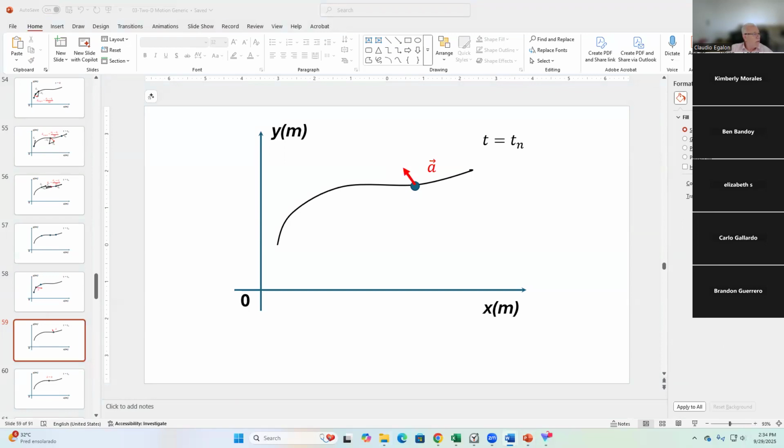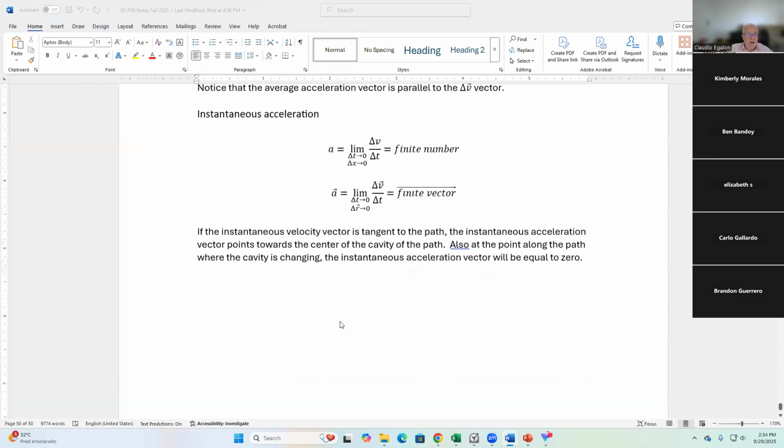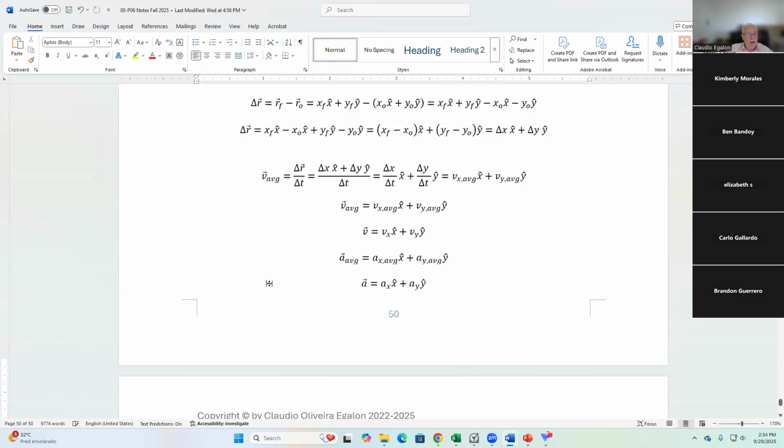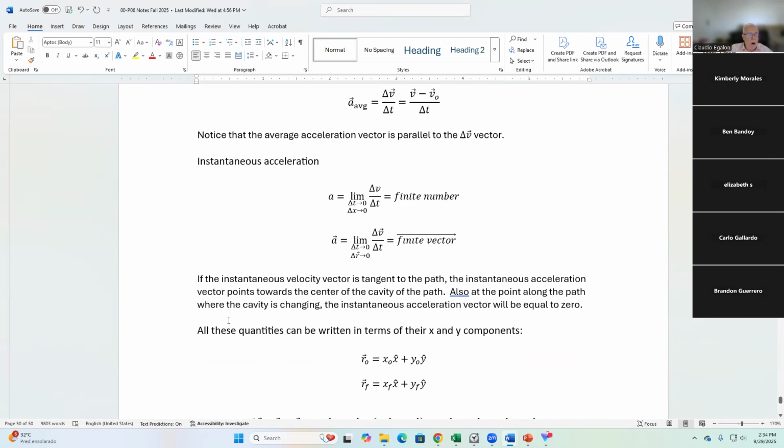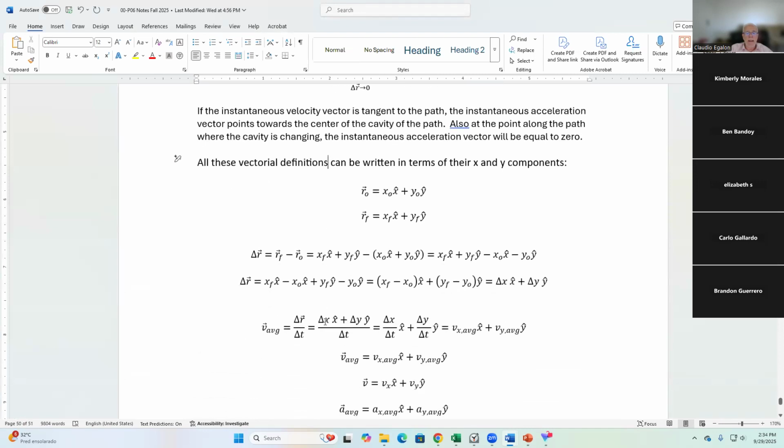And then all these quantities can be written in terms of their x and y components. All these vectorial definitions can be written in terms of their xy components. R naught is x naught x hat plus y naught y hat.